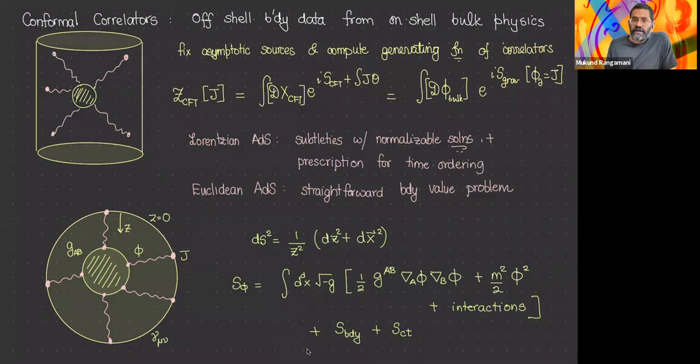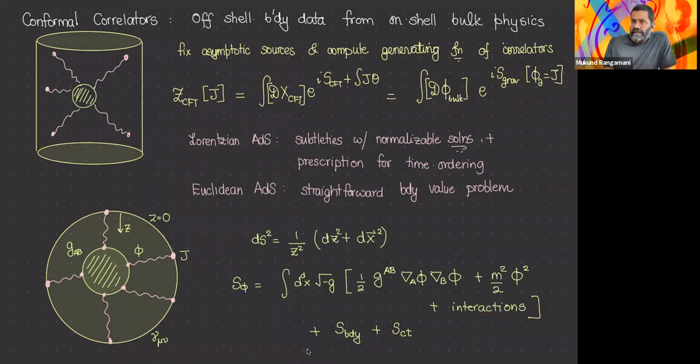The nature of the interaction depends on what bulk theory I consider. For starters, I'm actually going to switch off the bulk interactions. I'm just going to study the bulk Gaussian theory to motivate to you just computing the basic correlators, just 2-point functions, okay, which we can do without worrying about how the bulk fields interact. And then I can turn on the interactions and study them term by term in perturbation theory.